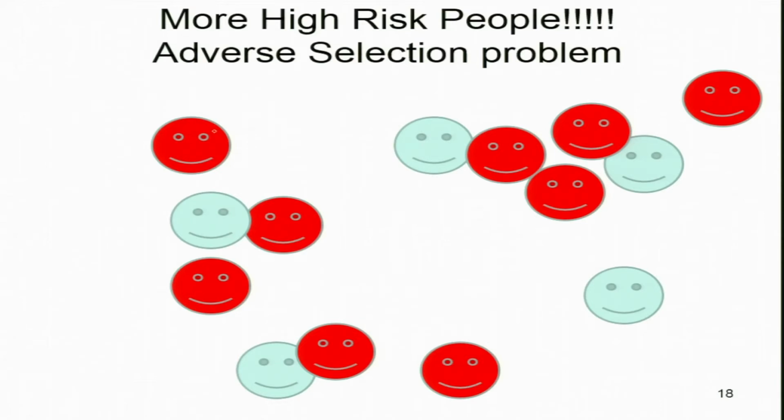Suppose the red smiley is the high risk population and the light blue is the low risk. Ideally it should be 1% high risk and 99% low risk.